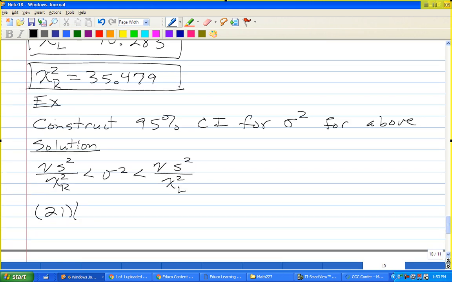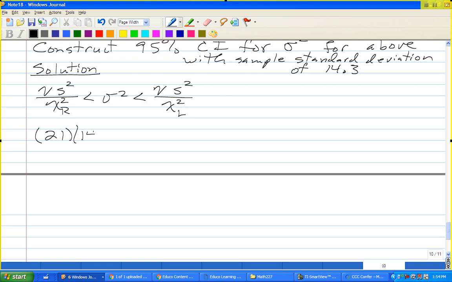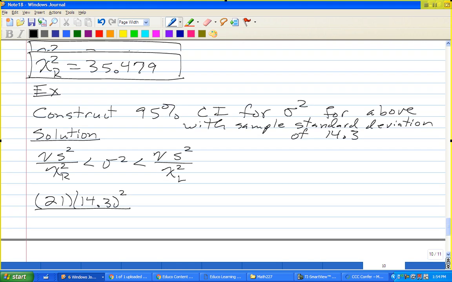With the sample variance, I forgot that, a sample standard deviation of 4.3, so I'm going to have to actually square that. Now, the chi-squared for the right was 35.479.